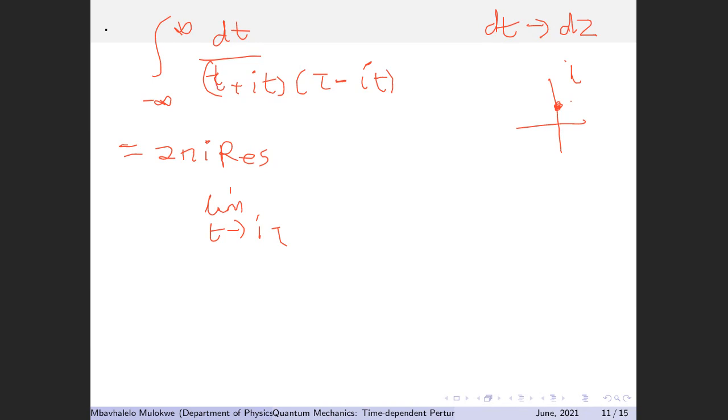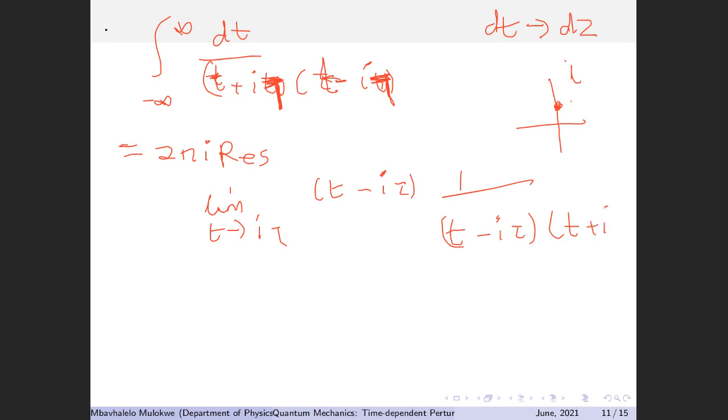Right? The limit as t goes to i tau of t minus i tau. I think everyone has seen this, so I'll just be quick.